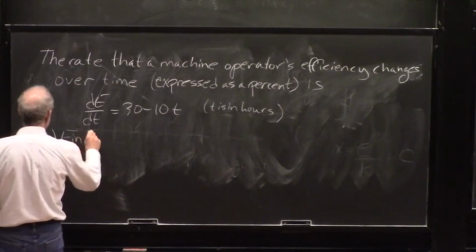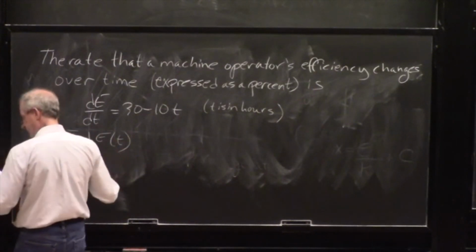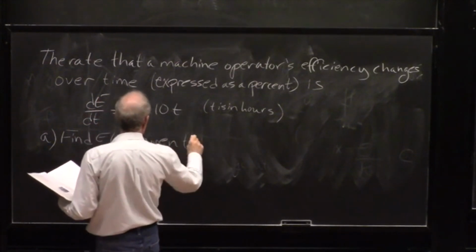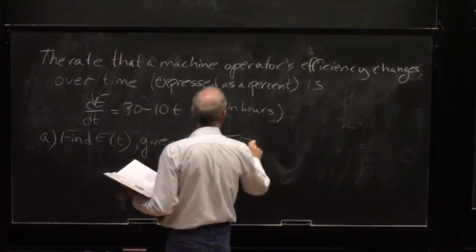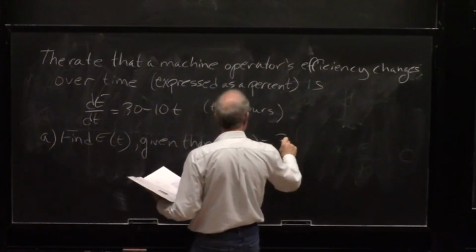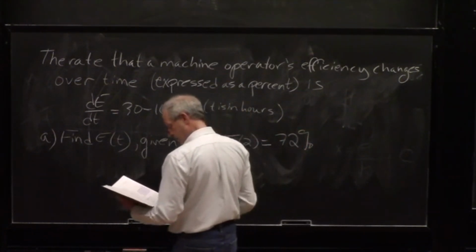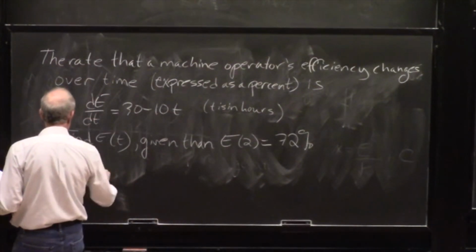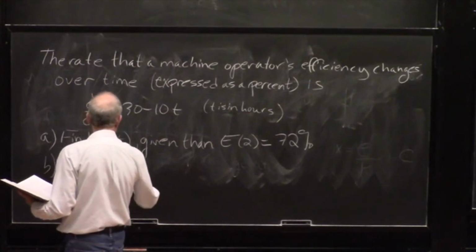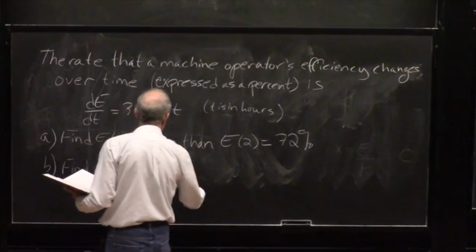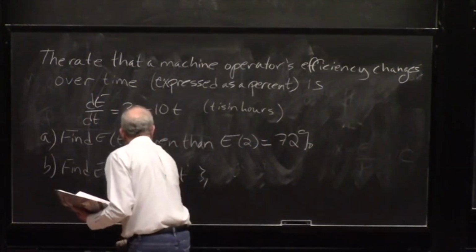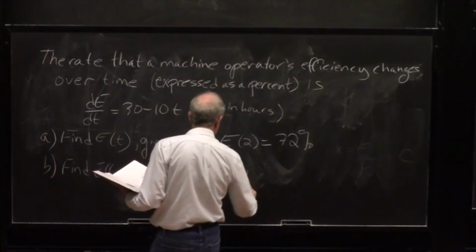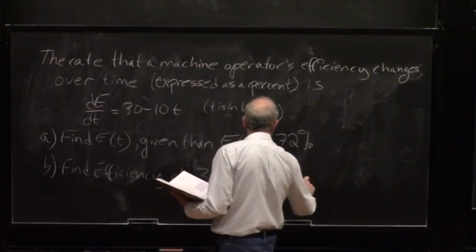Find the efficiency in terms of time given that E at 2 hours is 72%, and find the efficiency at 3, 4, and 5 hours.